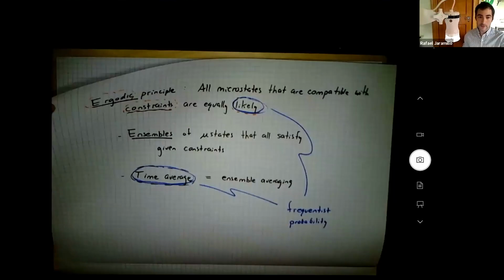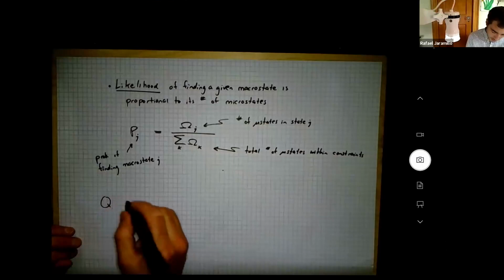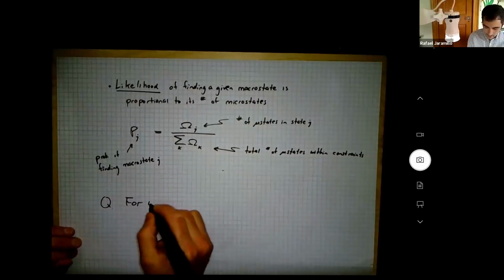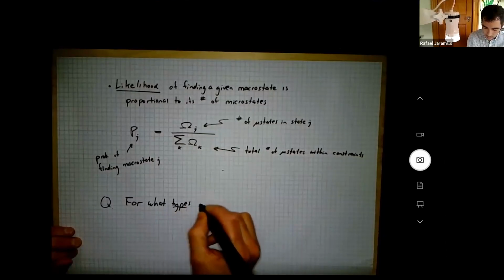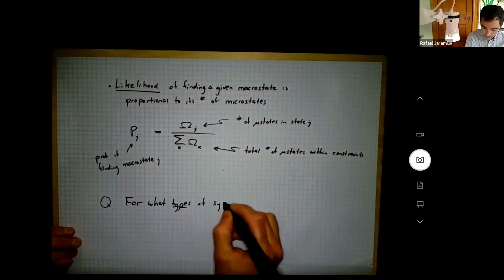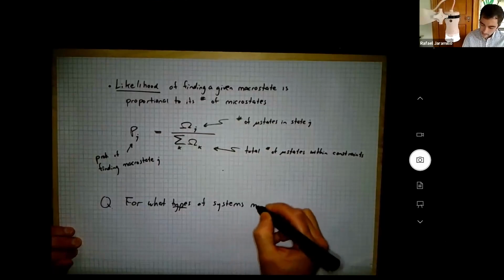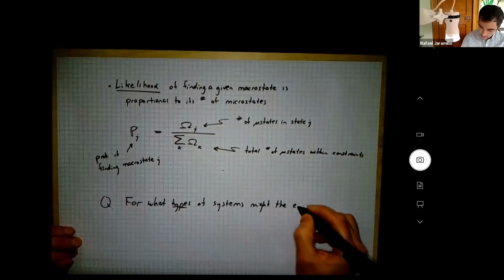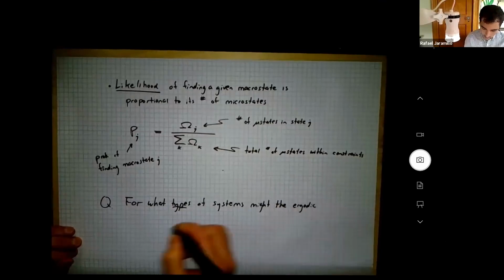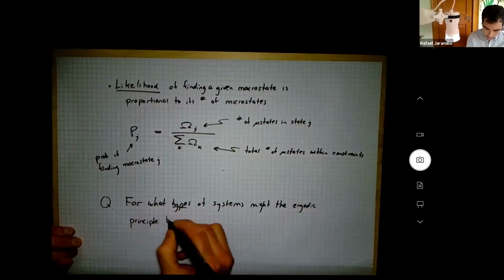I want to leave you with a question, which is something we can discuss, and it gets to the P set. For what types of systems might the ergodic principle break down?